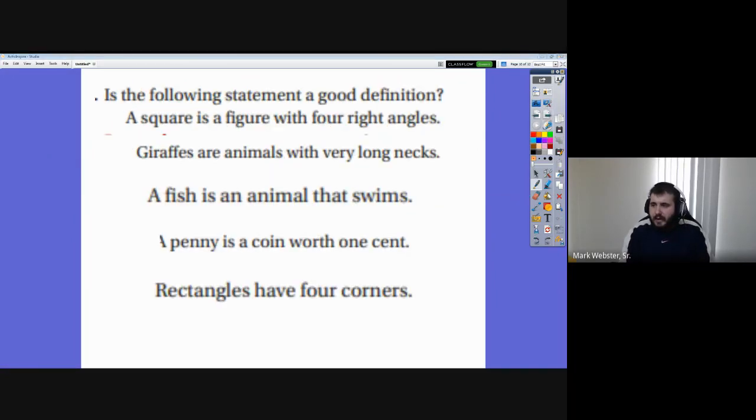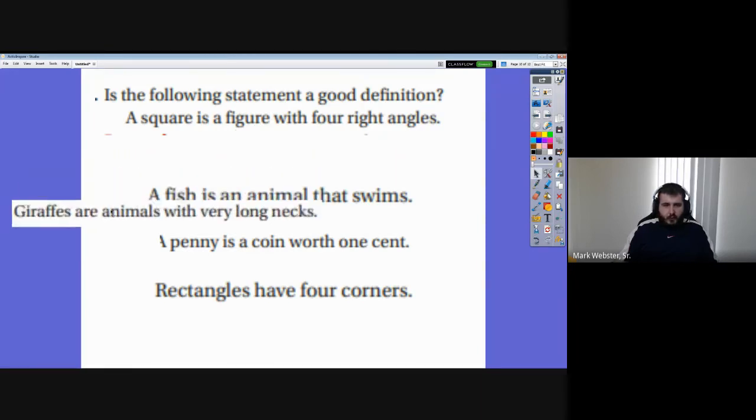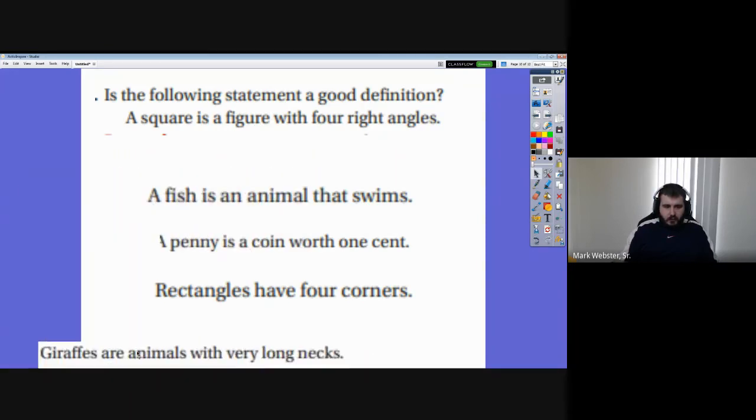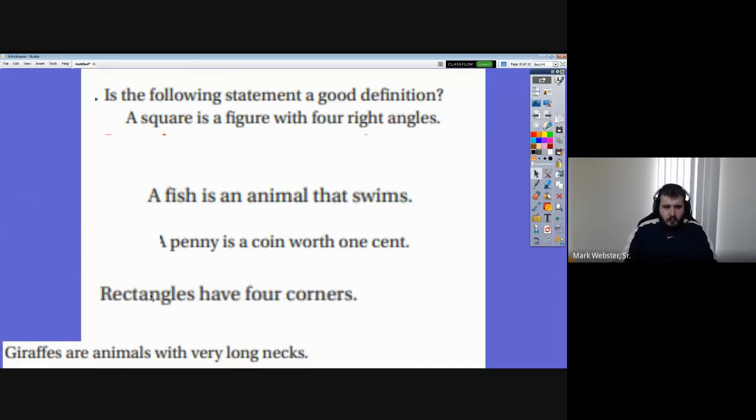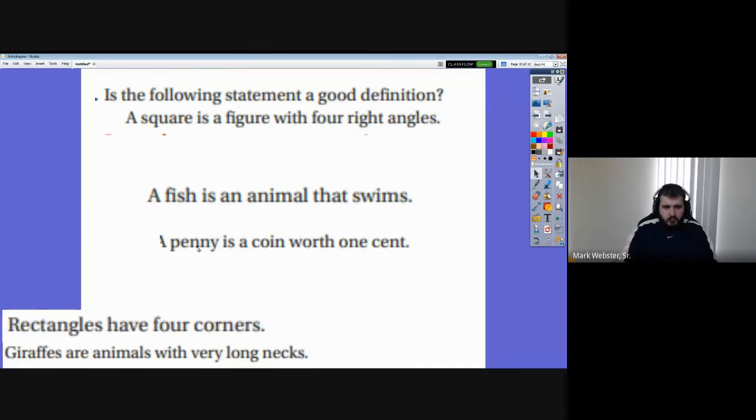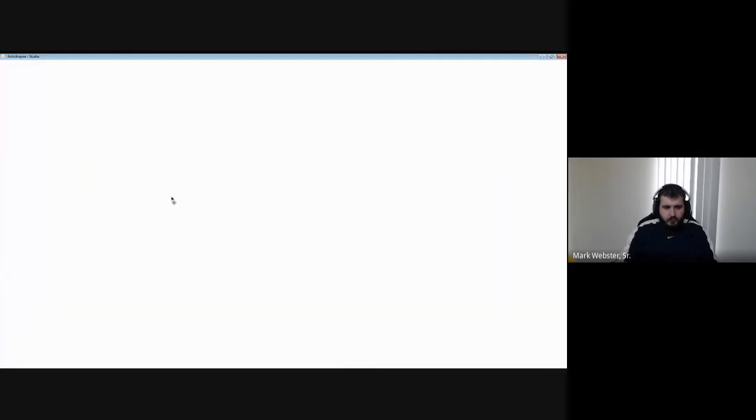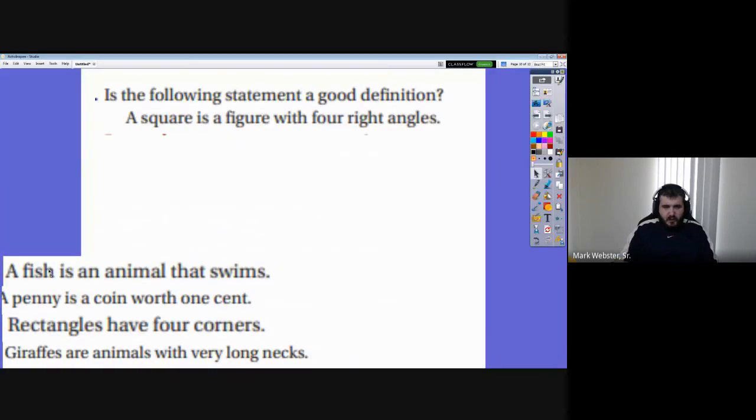Last one. Here I have a bunch of statements, and I want to know if these are good definitions. So let me kind of move some of these out the way a little bit so that we've got enough room to work. Move these over here. So a square is a figure with 4 right angles. That is true, right?